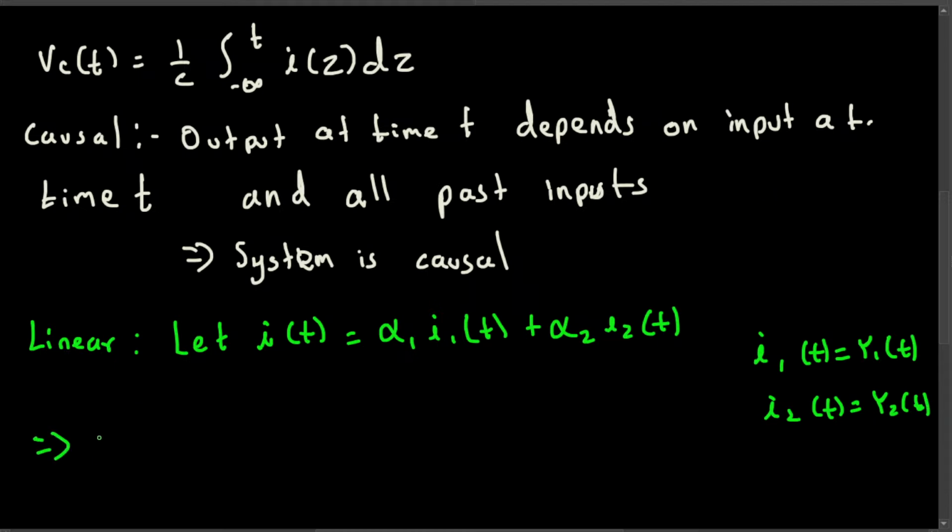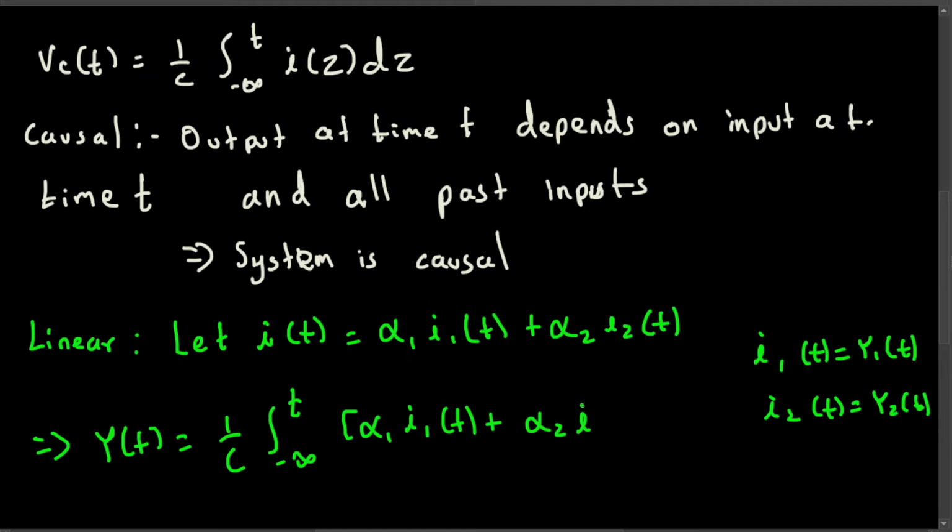So if I take the function y of t, 1 over c, integration negative infinity to t, and instead of I of t I substitute this one: alpha 1 I1 of t plus alpha 2 I2 of, okay, let's put tau here because that's the one we have.